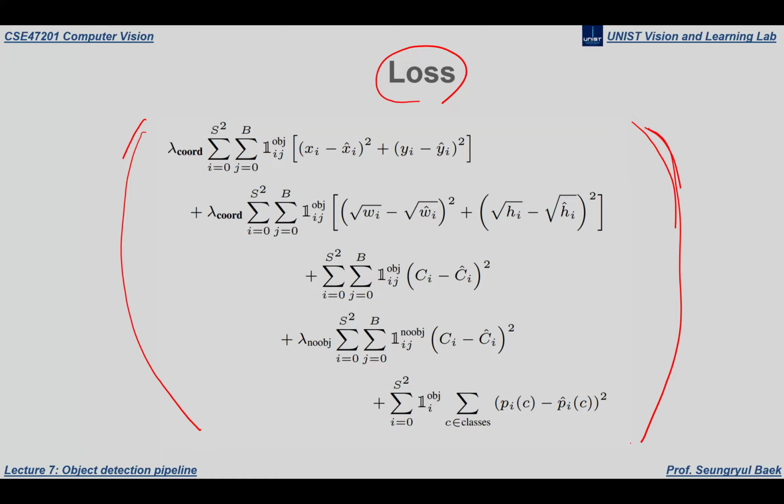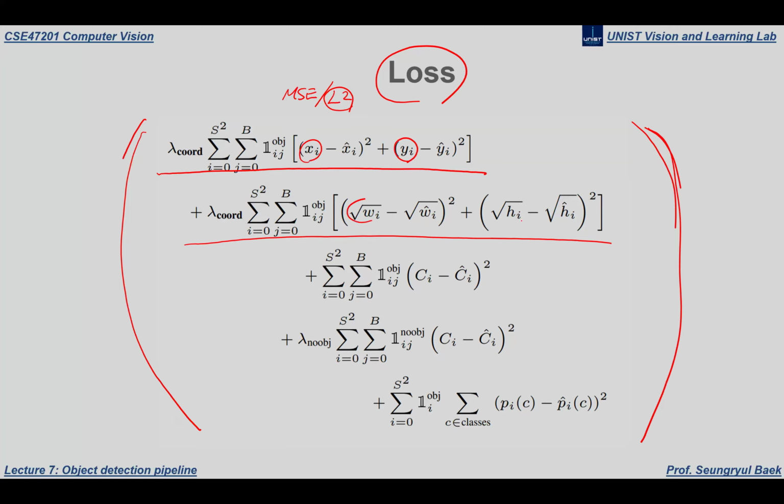So this is the L2 loss, which is the MSE loss, applied to the bounding boxes. When describing the bounding box, with its center position x, y and its width and height, we have to apply the ground truth to make the prediction close to the ground truth.